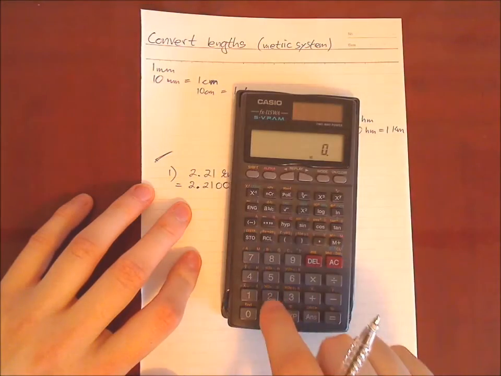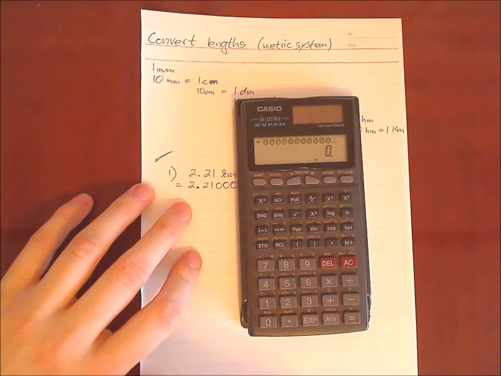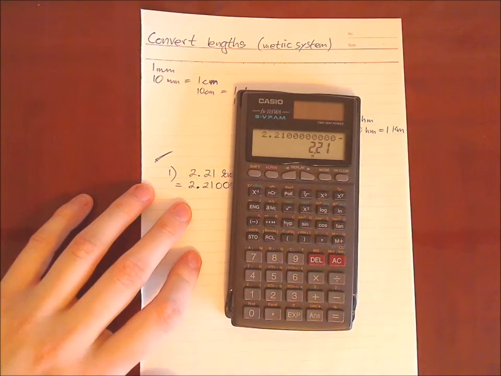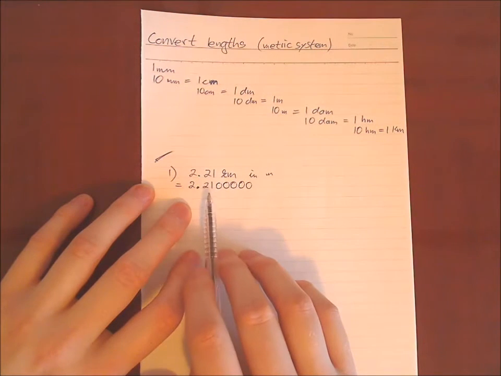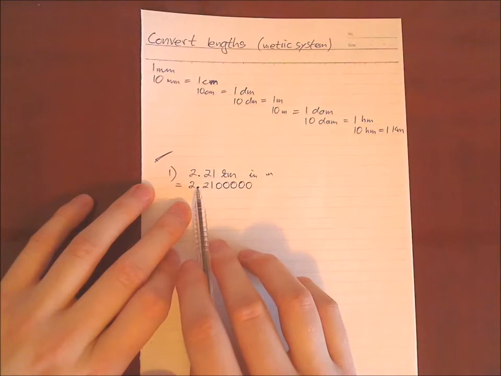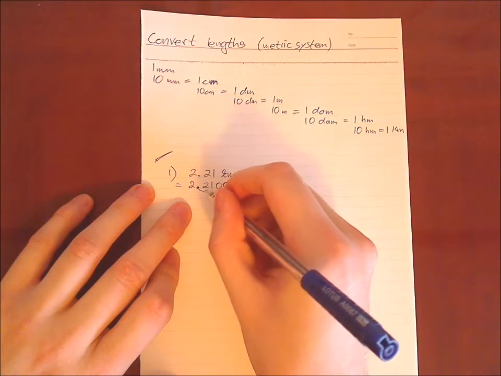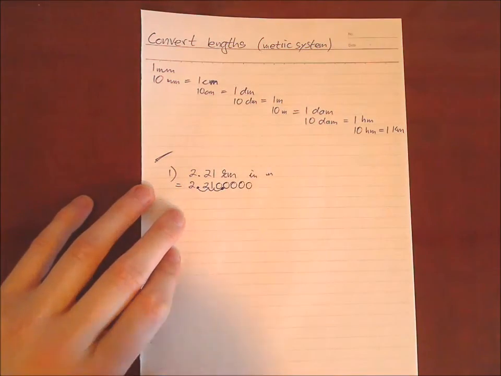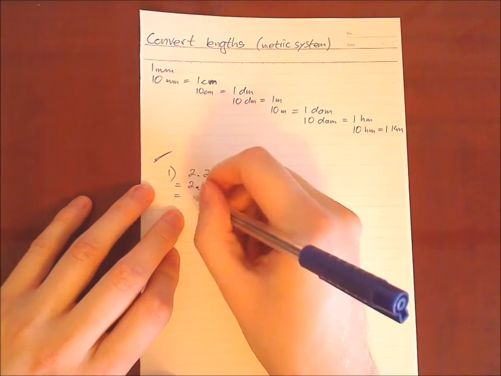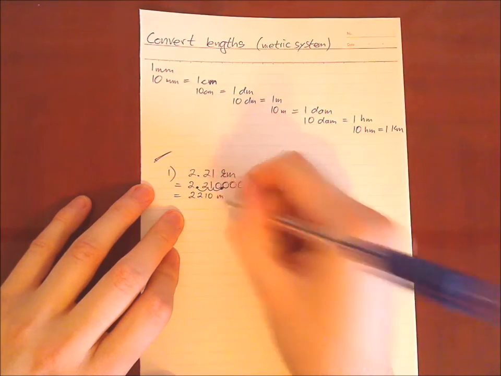Like 2.21, and we add many zeros. We can do it as many as we want, and it's still 2.21. Why? We add zeros so that we can move the point, and we set 3 steps on the stairs up, so we say 1, 2, 3. There goes the point. And then we receive 2,210 meters.